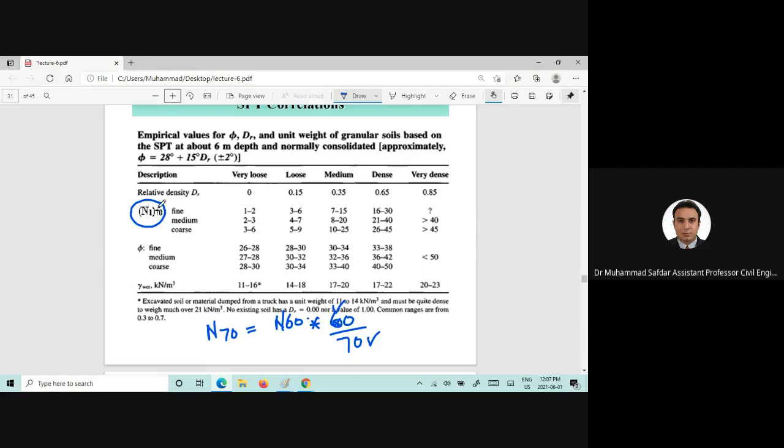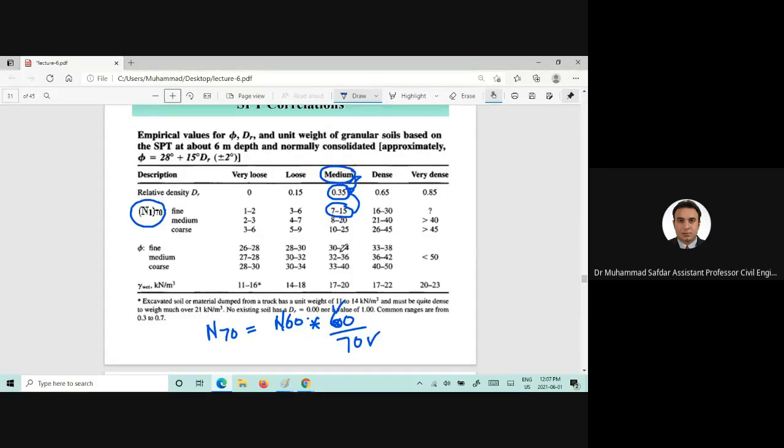Now, for example, if we find out the N170, and the N170 lies in this range, it means that this soil will have a relative density of 35% or 0.35. It would be a medium dense sand.